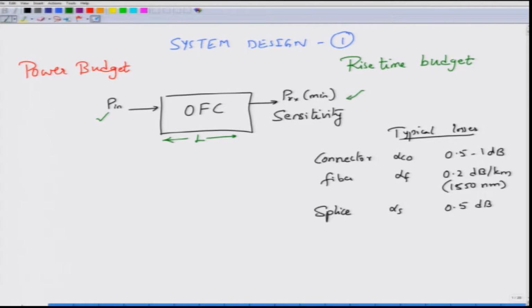This is mostly determined by whether we are looking at analog transmission or digital transmission. If it is digital transmission, we are looking at what bit error rate we are operating at. The lower the bit error rate, the higher the required sensitivity. So, if you want operation at 10 to the power minus 9, the receiver sensitivity might be around minus 37 dBm for a given bit rate.